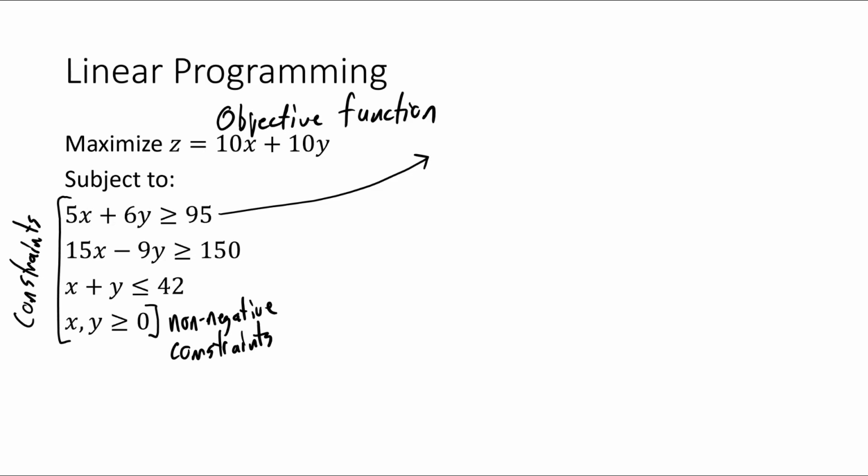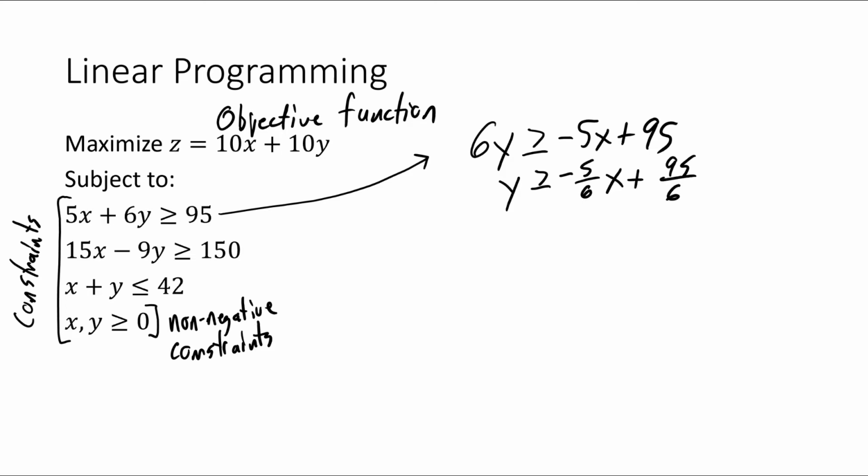Let's subtract 5x from both sides. So that'll give us 6y greater than or equal to negative 5x plus 95. We'll then divide everything by 6, so that's going to give us y is greater than or equal to negative 5/6 x plus 95/6.